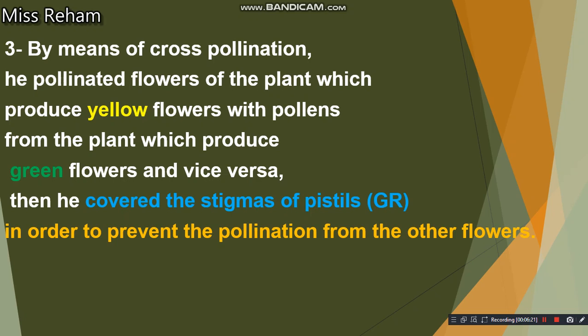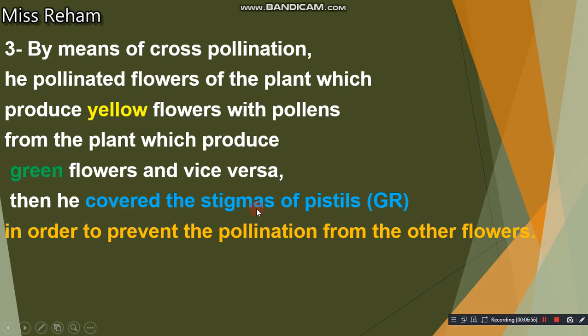Now, in the third step, he wanted to do a cross-pollination or mixed pollination. So he pollinated the pea plants that produce yellow flowers or yellow seeds with pollen grains from the plants which produce green flowers. Then he covered the stigma of pistils.